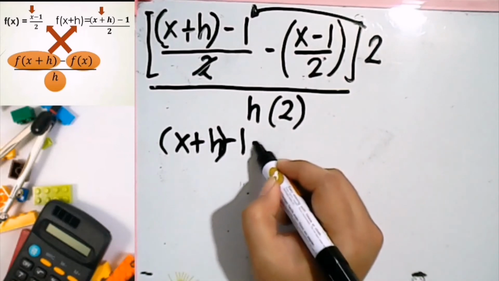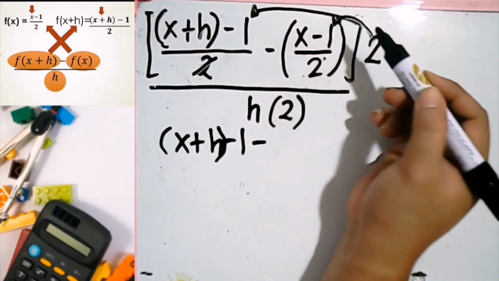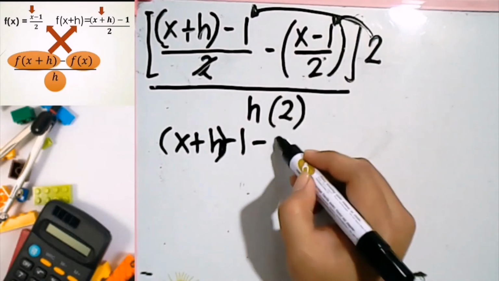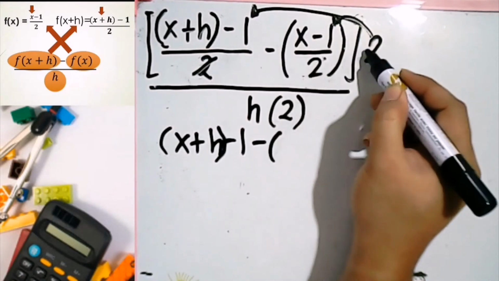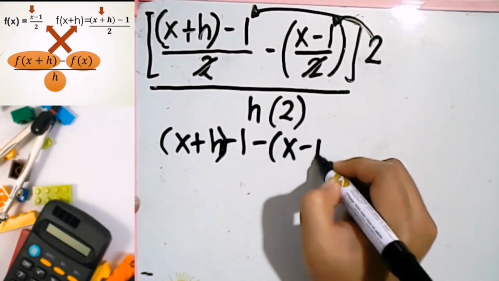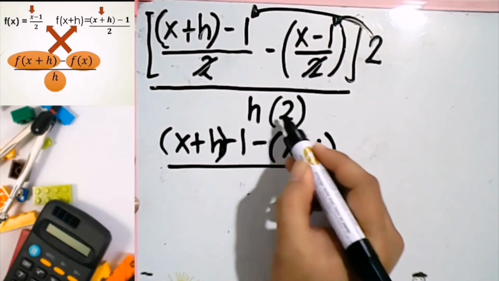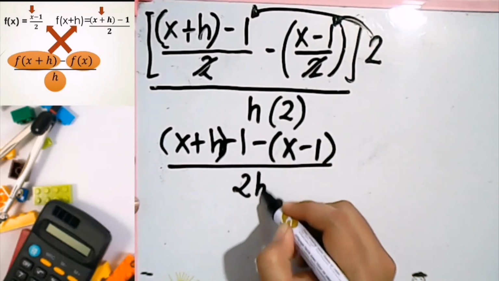And then, minus 2 multiplied to our second equation. 2 will be cancelled out. x minus 1 will remain, all over h times 2 is equals to 2h.